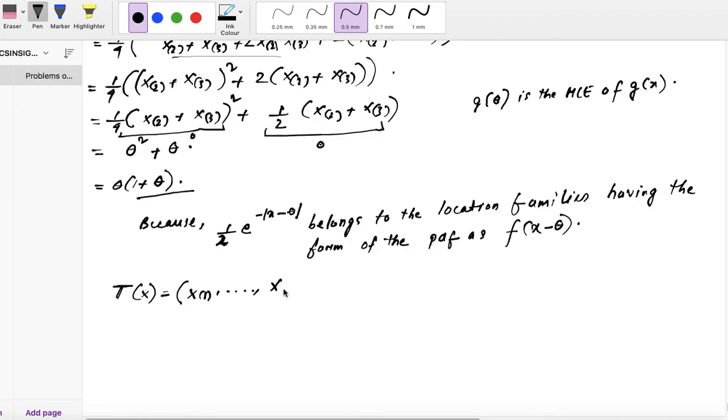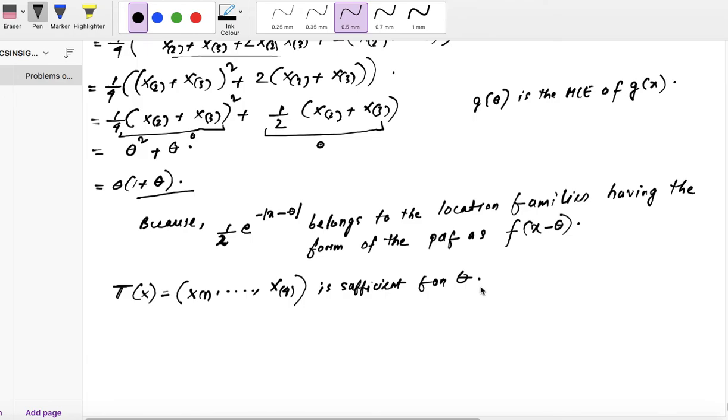Here in this case, n is 4, and the order statistic is sufficient for theta. No other reduction is possible, reduction in the sense of reduction of the original data x.